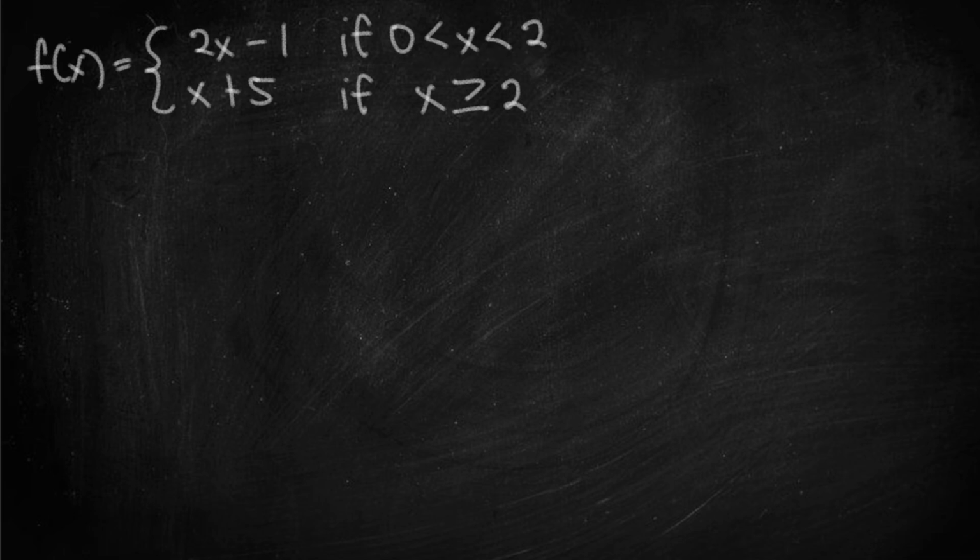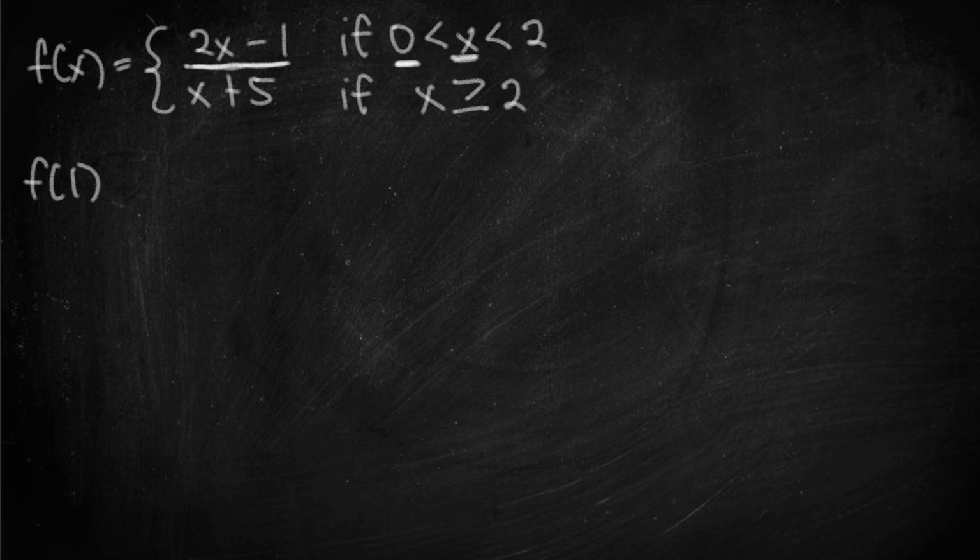So we just need to follow the instructions that are needed here. When answering this, let us evaluate this first at f of 1. So your value of 1, where does it land? Is it greater than or equal to 2? No. But 1 is less than 2 but also greater than 0. So with that in mind, we know that the formula that we will use is 2x minus 1.